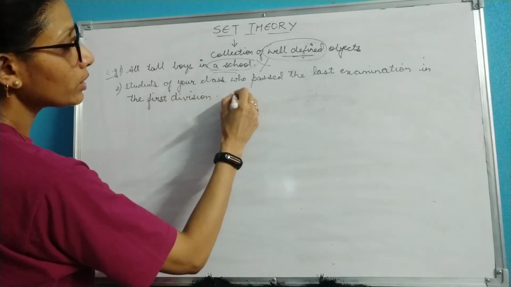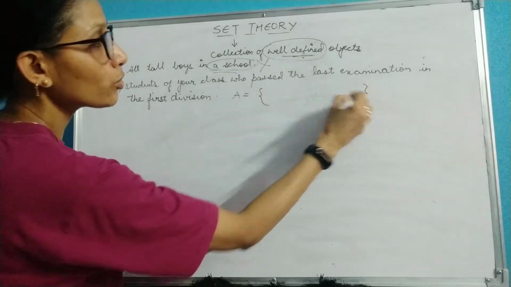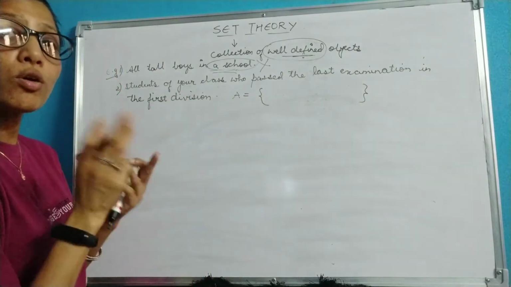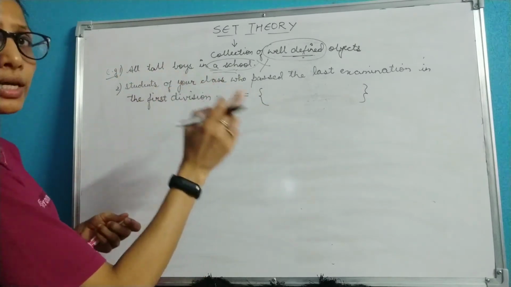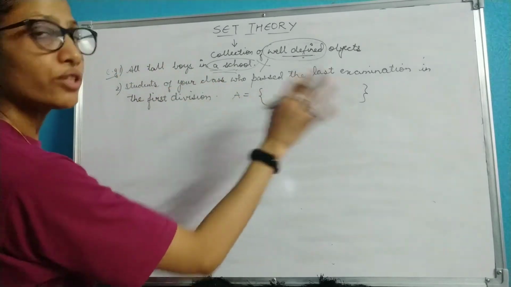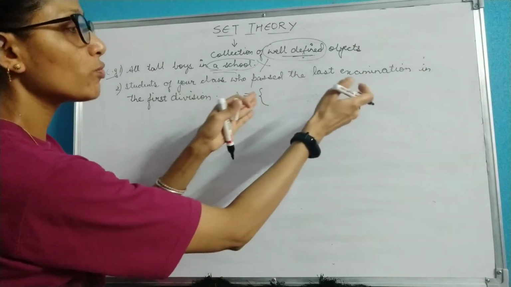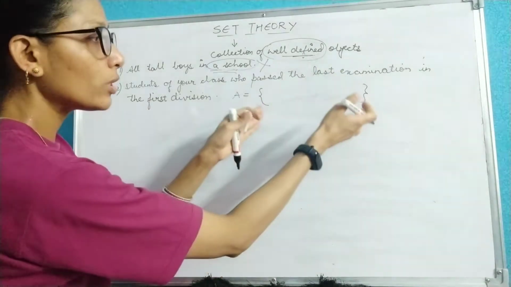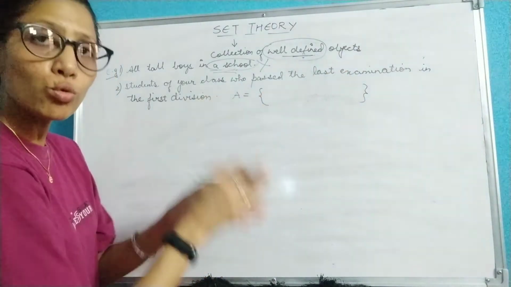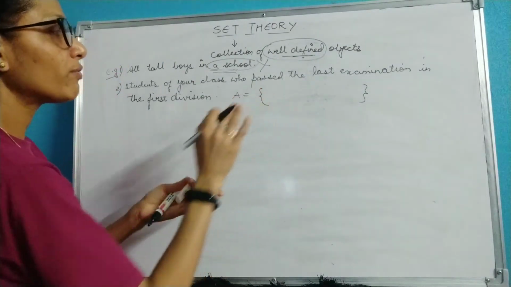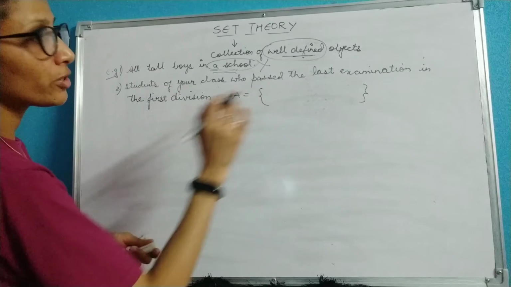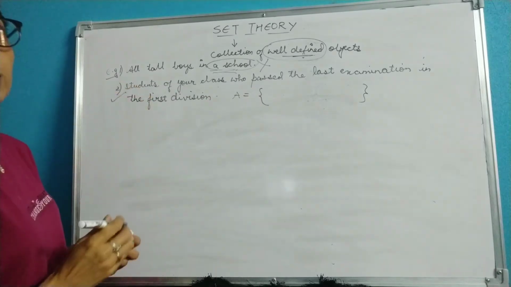Therefore, you will get a collection of only those students who have passed the examination in the first division. So here it is well defined that you will be taking only those children in this bracket, those who have qualified their exam in first division. So this is your set.